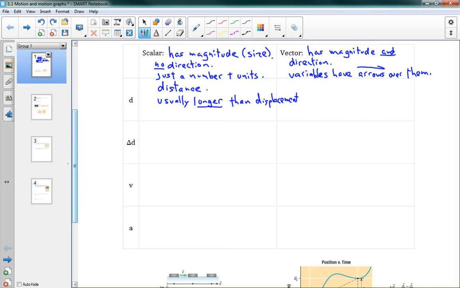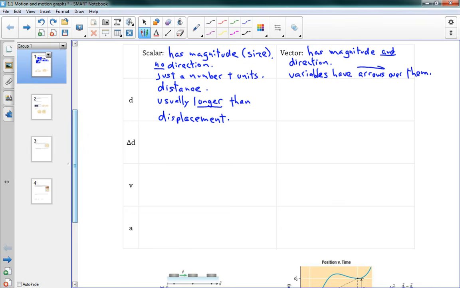I'm just going to put that onto the next line because it didn't quite fit. It's usually longer than the displacement, and that's just because distance takes into account the whole trip, and unless the distance is a straight line, it's going to be longer than displacement, which is always the shortest straight line distance.